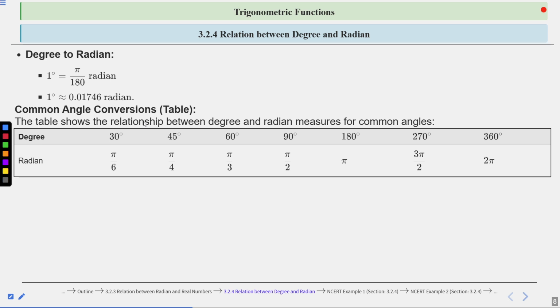Simply these: 30 degrees is the same as pi by 6 radians. 45 degrees is pi by 4 radians. 60 degrees is pi by 3 radians. 90 degrees is pi by 2 radians. 180 degrees is pi radian, we have seen this, and 270 degrees is 3 pi by 2, and 360 we have already seen is equivalent to 2 pi radians.